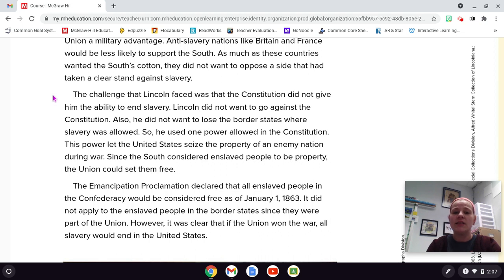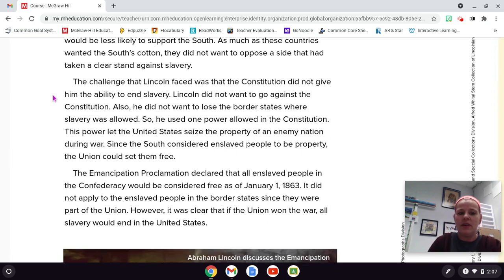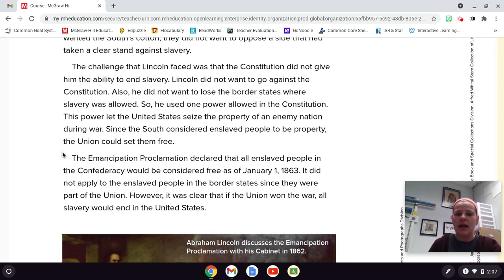Since the South considered enslaved people to be property, the Union could set them free. So the Emancipation Proclamation declared that all enslaved people in the Confederacy would be considered free as of January 1st, 1863.